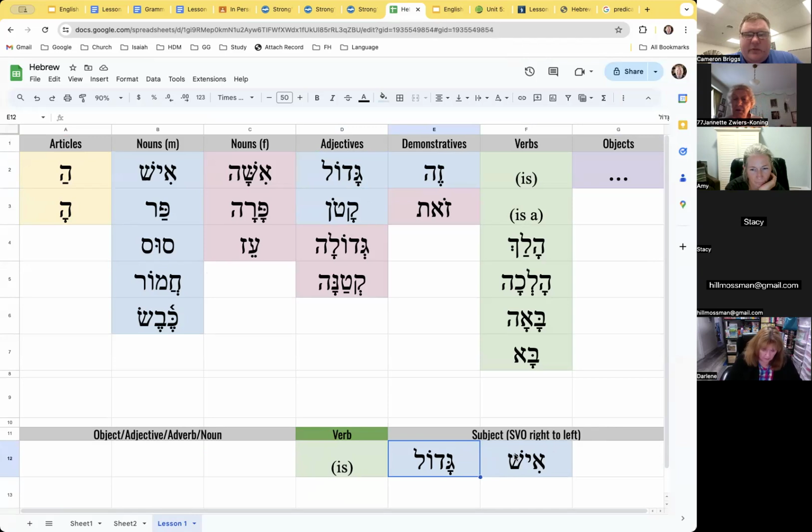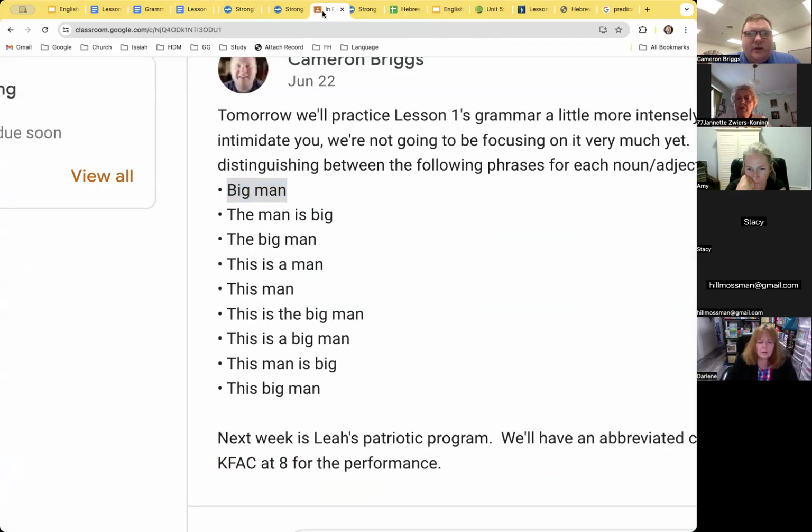It's just a big man. And then we have an implied is, and then whatever the rest of the sentence is. A big man walked somewhere or went. So we would put a big man walked. Ish gadol halach.